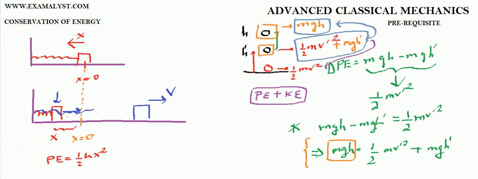Since the entire system has got detached, the total potential energy has got converted into the total kinetic energy. That is, half k x square has got converted into half m v square. So you can easily guess the value of velocity. The value of velocity will be root over k divided by m, into x.